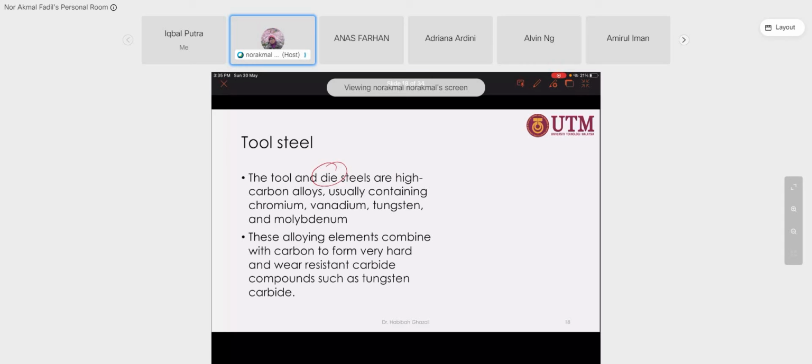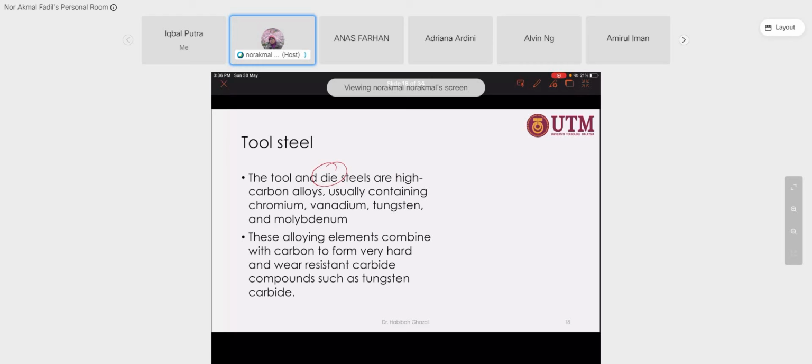So you know high carbon steel contains more cementite, which is iron carbide. But by having chromium, vanadium, and tungsten, the carbon is not just combined with iron to form cementite. Because there is a huge amount of carbon in high carbon steel, the carbon tends to form bonds with other elements such as tungsten, titanium, and so forth.